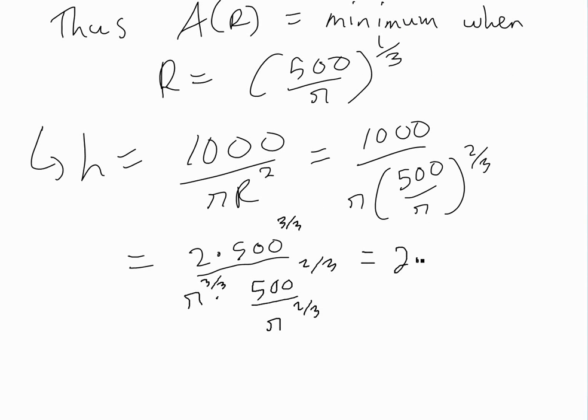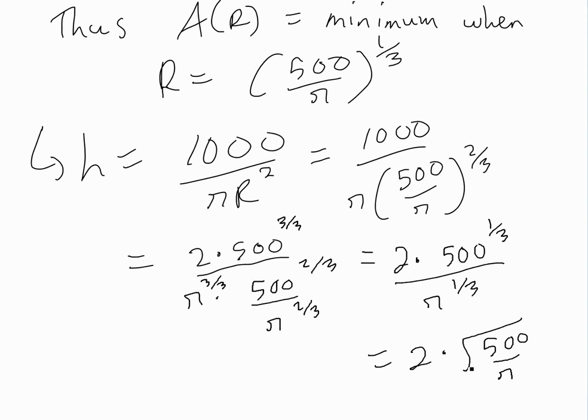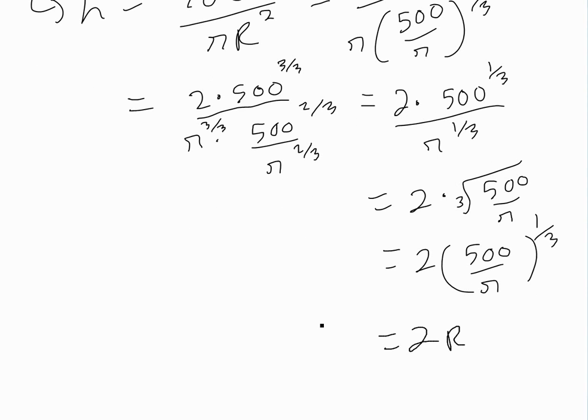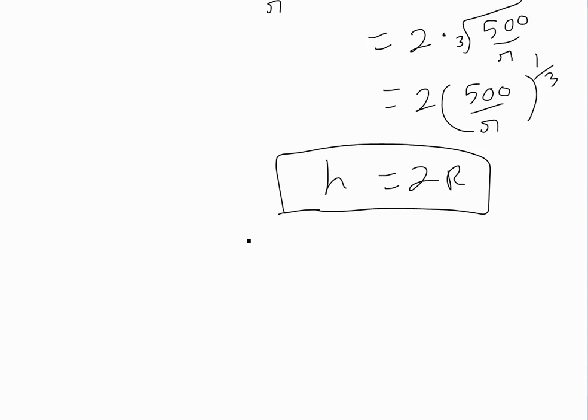Basically, you're going to have 2 times 500 to the power 3 over 3 minus 2 over 3, which is 1 over 3, divided by pi to the power 1 over 3, same thing. Putting these together, since it's the same power, this is equal to 2 times (500 divided by pi) to the power of 1 over 3. And this just equals r, so this just equals 2r. So h is equal to 2r, and this is our dimensions here.